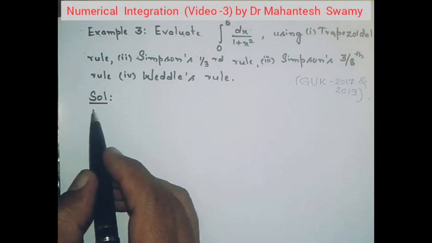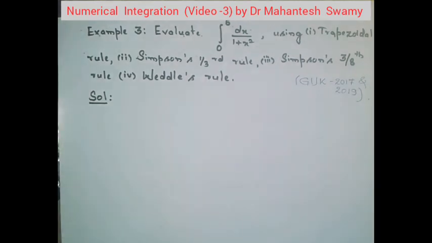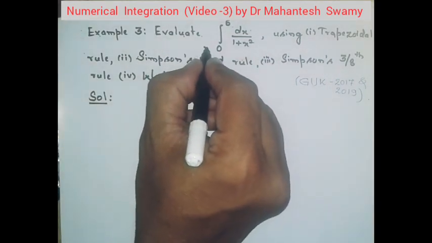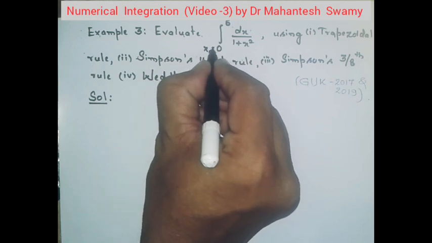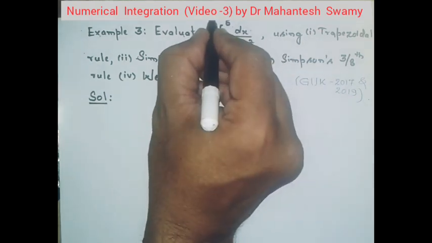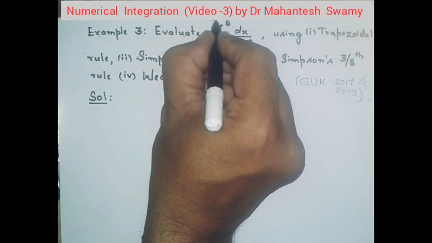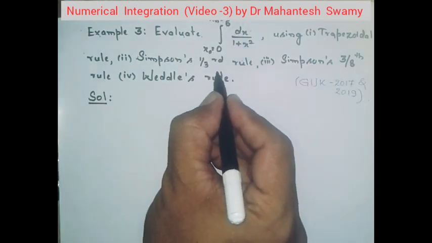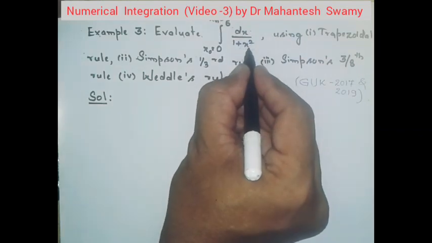From the given example, we come to know that x0 is the lower limit, that is 0, and xn is the upper limit, that is 6, and f of x is 1 divided by 1 plus x square.